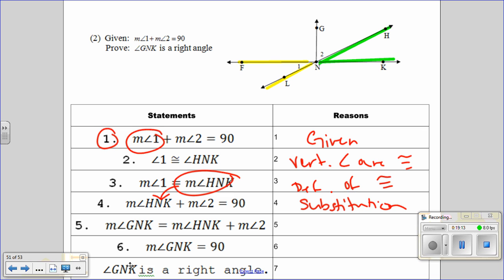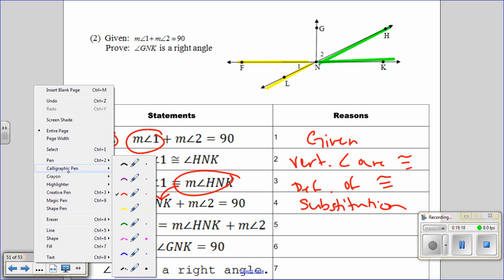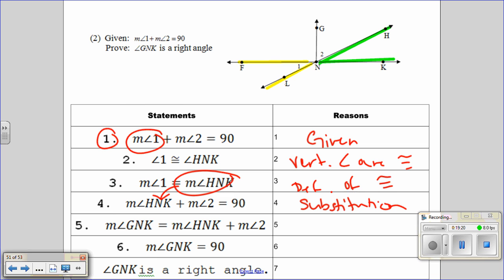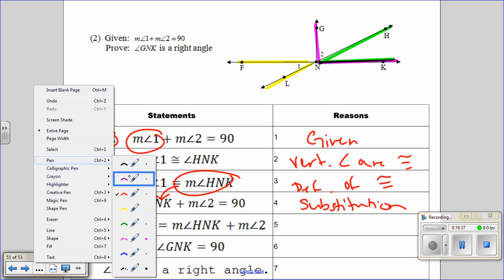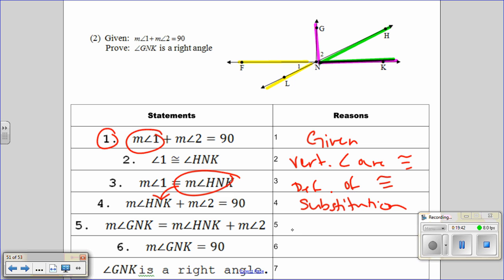Now it's telling us that the measure of GK, so let's highlight that angle, is equal to HK and angle 2. So GK, the purple angle, is much larger than HK and 2, so that's the angle addition postulate because it took the two combined to form GK.